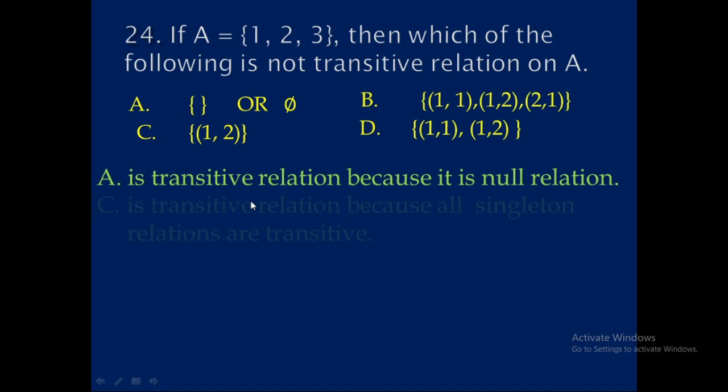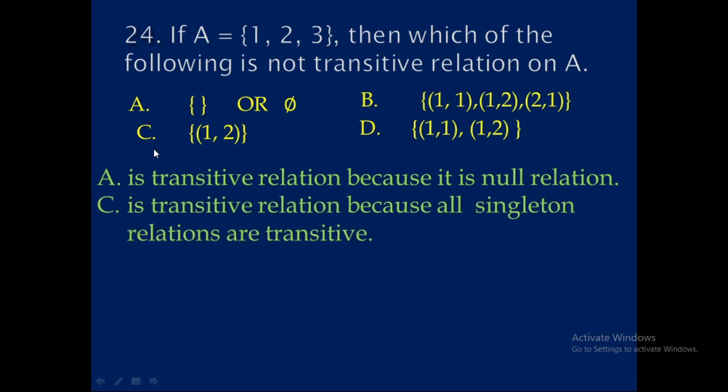Next, verifying C. This is a very important result. Remember, a single element set relation is always a transitive relation. (1,2) is said to be a trivial relation. It is transitive because all single element relations are always transitive.